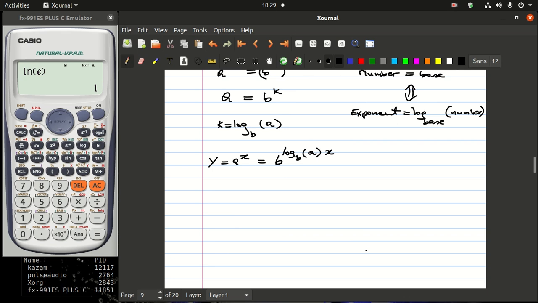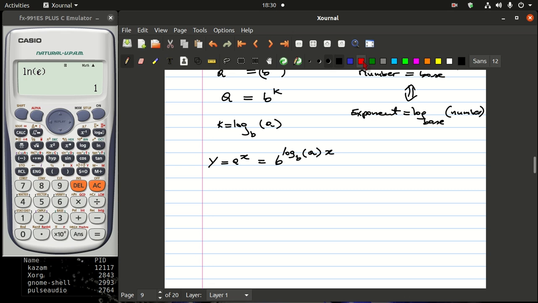Now let's look into this. Whenever you have this b, this b must also be the base of that log, and then this a that was here must be inside here, so that this b and that can actually tell you that I can get this a to the power x from this.